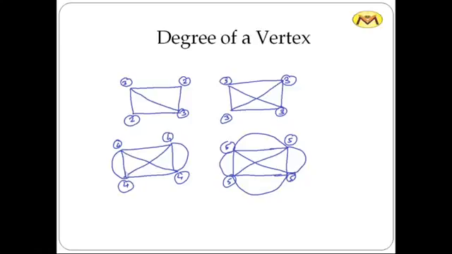But in this case, we started from one city and we ended in the same city. And in these two cases, where the degree of the vertices were 3 and 5, we could not start and end in the same or different cities. We could not traverse the entire graph without repetition.